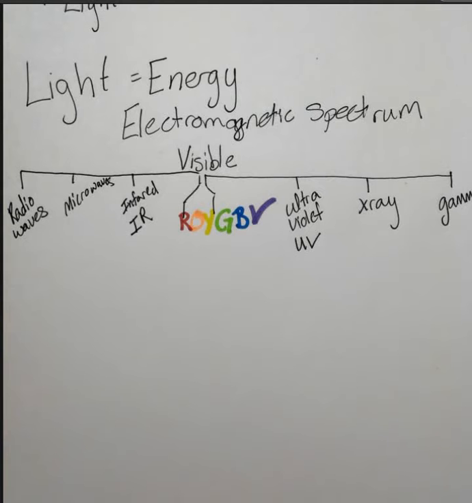So these are all types of light. But we separate them because each of these types of light has a different size of wavelength and has a different frequency, or a way that the waves repeat themselves, and they carry different amounts of energy.